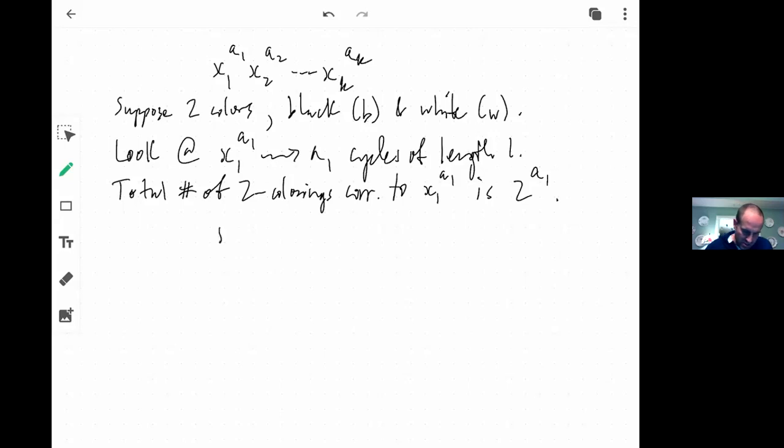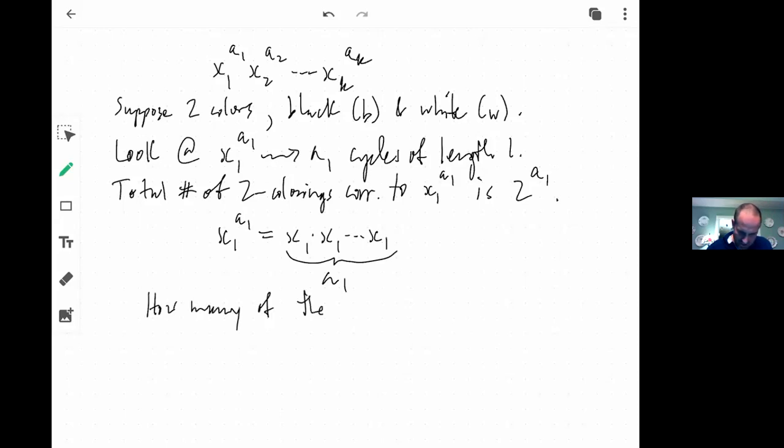All right, so look, let's just kind of think about this for a minute. x1 to the a1, this is like x1 times x1, okay, times x1. There's a total of a1 of these, okay? So here's the question that I have. How many of these 2 to the a1 colorings have 0 blacks?